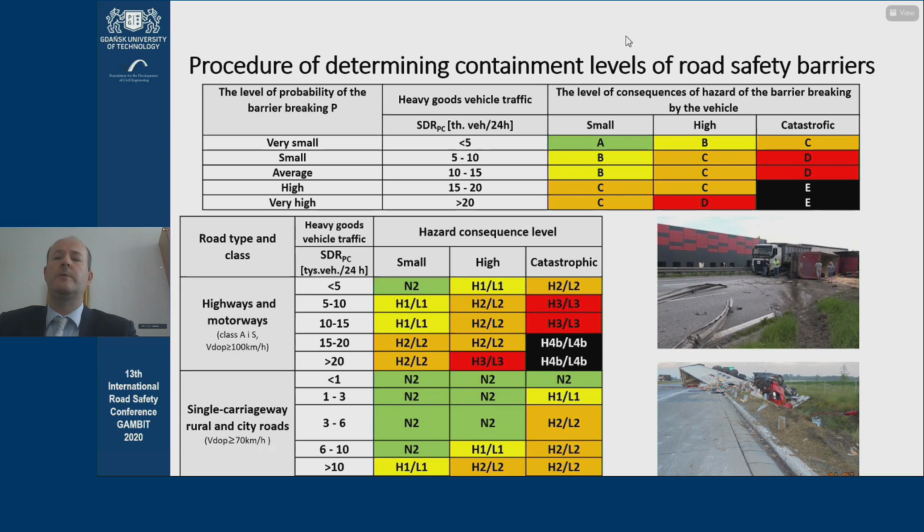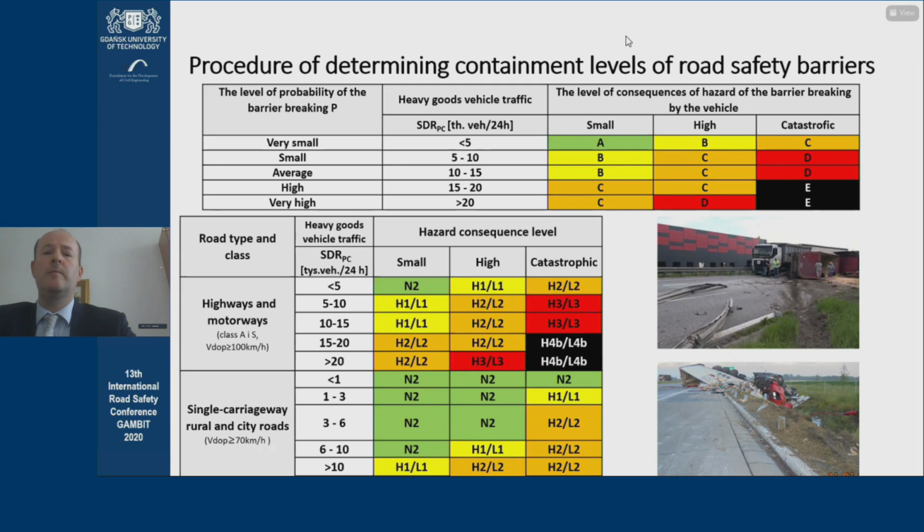And there's another thing here, which is how we should identify or pick containment levels. This is based on the risk of the safety barrier being penetrated. You can see some photographs of that here.